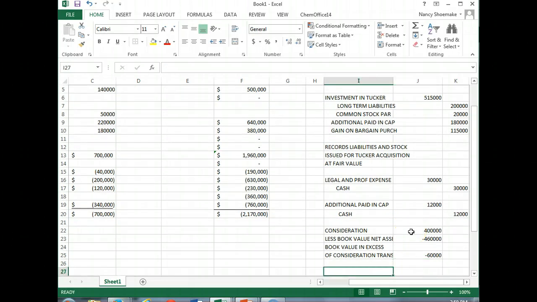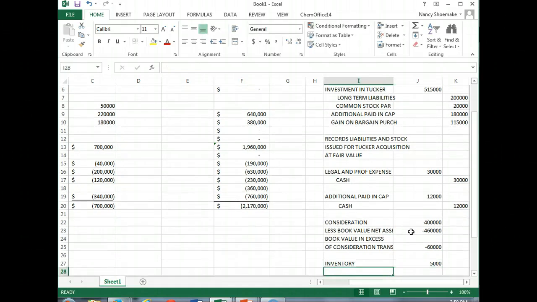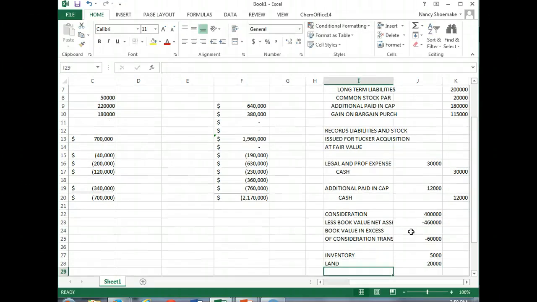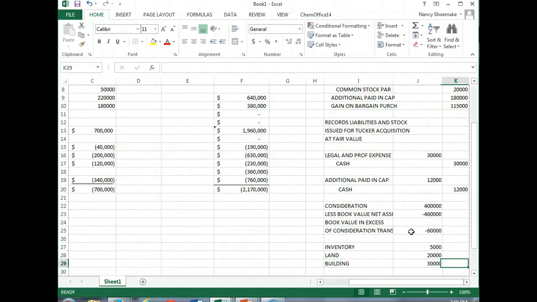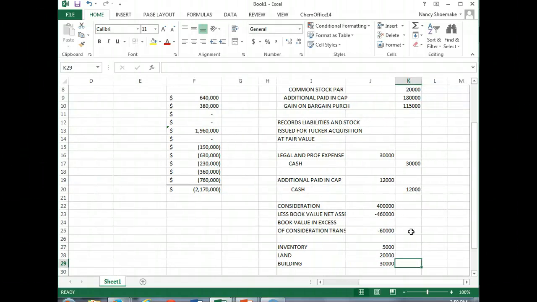Then we show the fair market values. We have inventory of 5. We have land of 20. We have the buildings of 30, which is, we're going to add to that book value 55,000. Do you see what I'm saying?